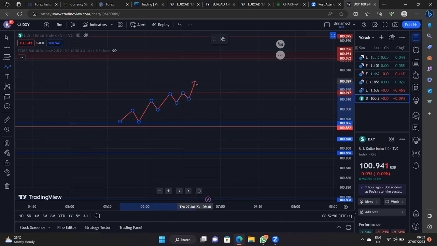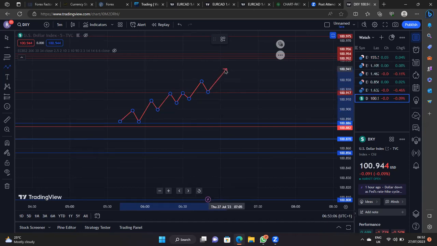Once it breaks that zone and comes back to it again, most times it cannot just break it easily. It's going to act as a support for it and continue above.